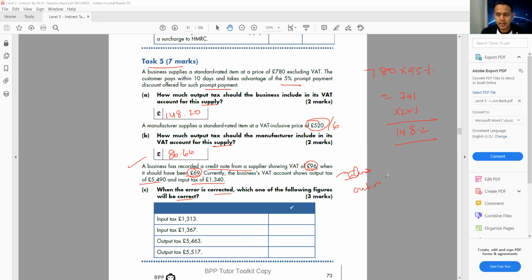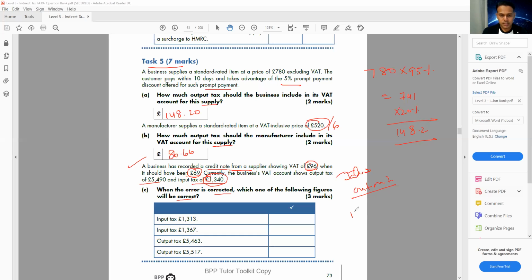If I made a mistake with the input, because here it is input, isn't it? I am buying from my supplier and I claim the VAT. So that's input VAT. The VAT on purchase is input VAT. I was supposed to claim 69, but I claimed 96. So this input tax will be corrected.